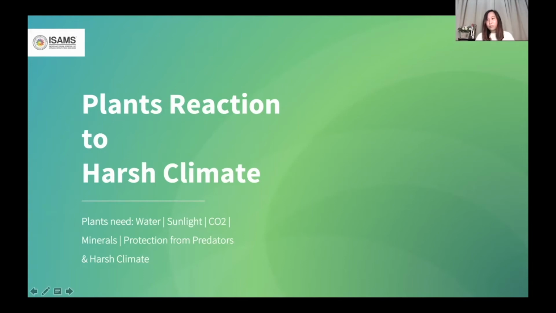But what we do not usually know is that when the climate is harsh, plants have an innate mechanism to cope. When the weather is harsh, they produce aromatic essential oils, and that is what helps them to survive.